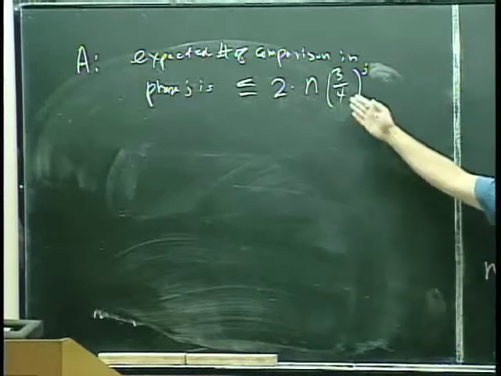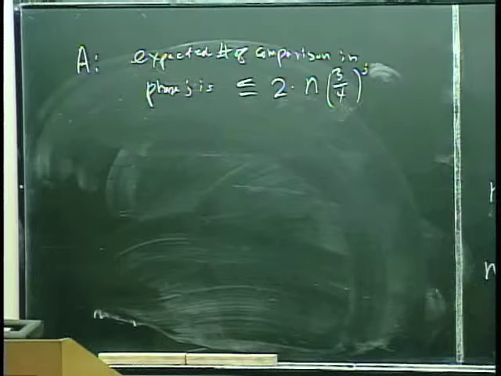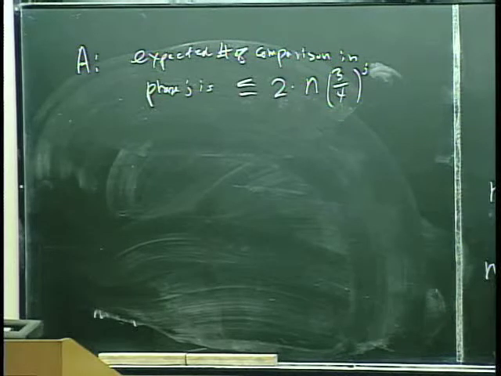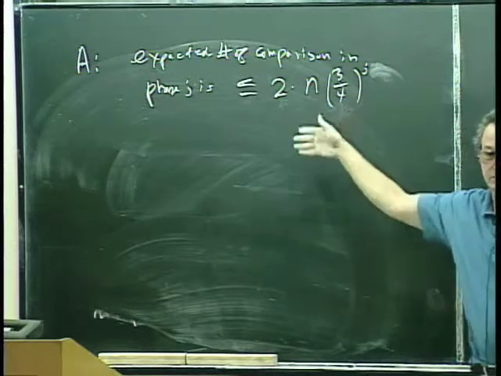But what we're really interested in is the number of comparisons in phase J. Do you have to pick a central splitter before you get out of phase J? That's one question you should be able to answer on your homework. And secondly, if you get out of phase J without having picked a central splitter, what happens to this analysis?